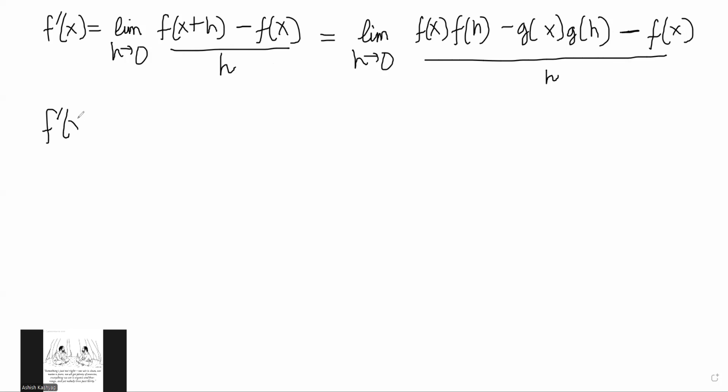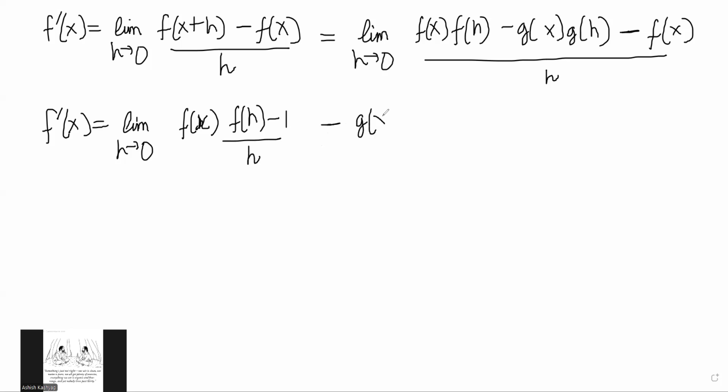So we are getting f dash x is equal to limit of h tends to 0. We can take f of x common here and we are getting f of h minus 1 by h minus g of x into g of h by h, right?